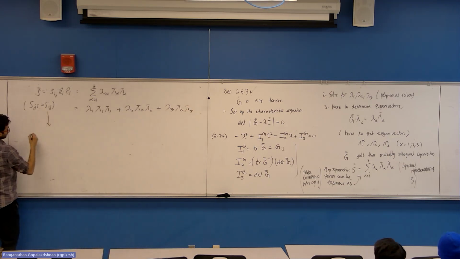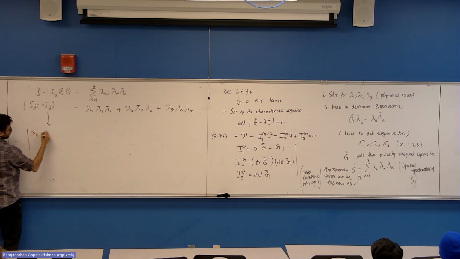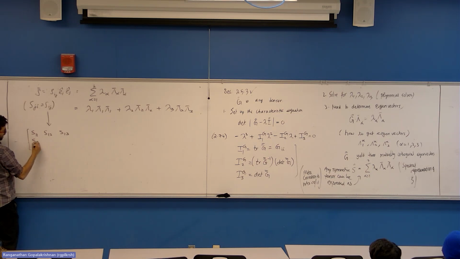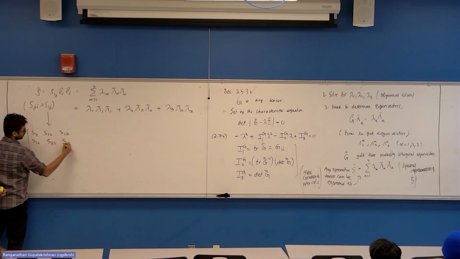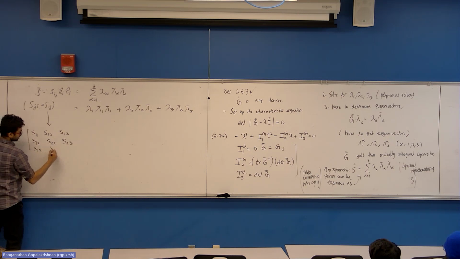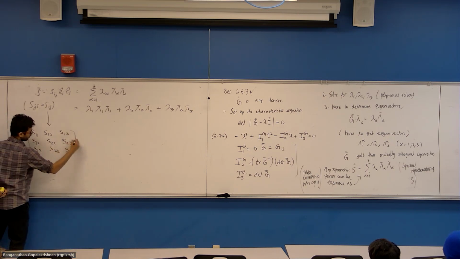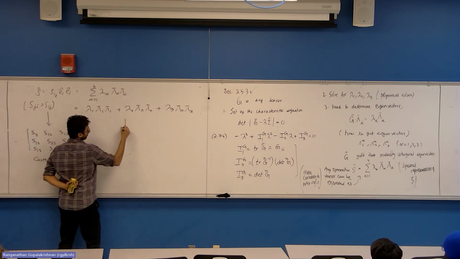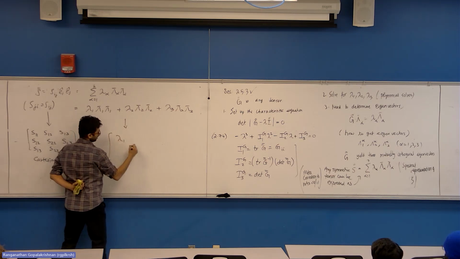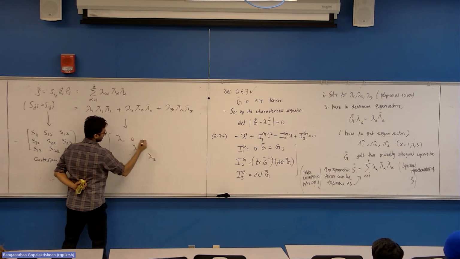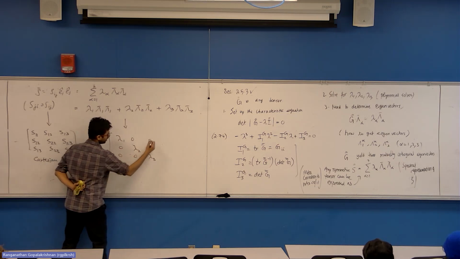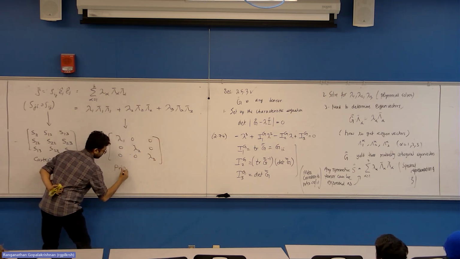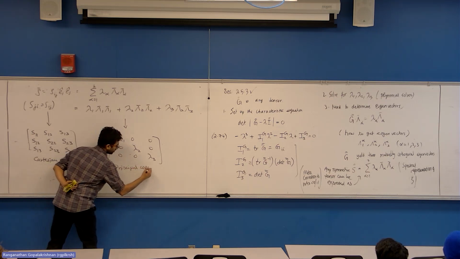In Cartesian coordinate system, this representation would look like this: S11, S12, S13, S21, S22, S23, S13, S23, S33. This is in Cartesian. This matrix can also be represented as lambda 1, lambda 2, lambda 3 as a diagonal matrix with other elements being 0, and this is called principal coordinates.